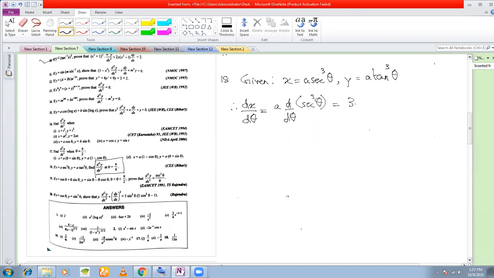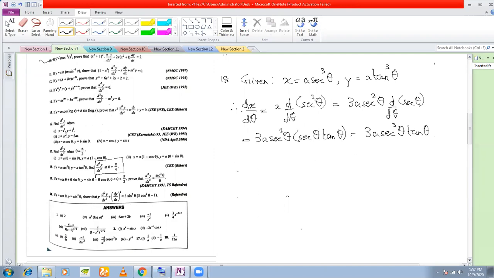First differentiate the power, so you get 3a sec square theta into dd theta of sec theta, which is sec theta tan theta. So you get 3a sec cube theta tan theta.